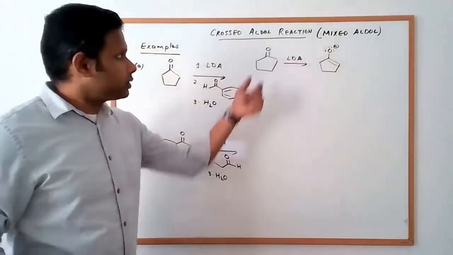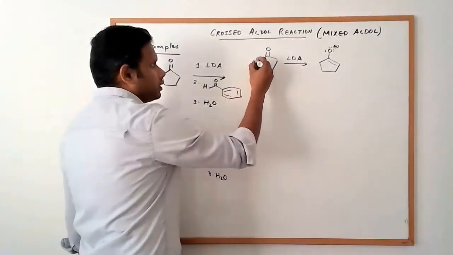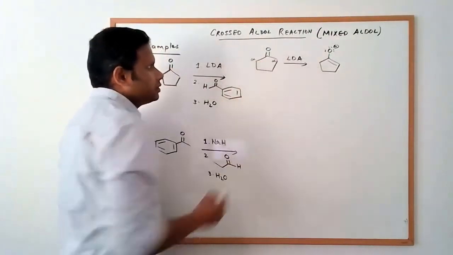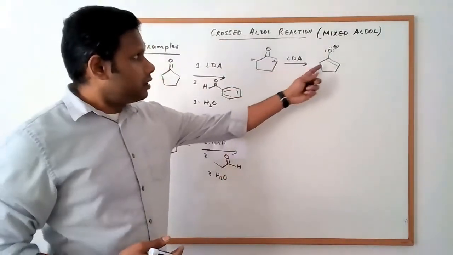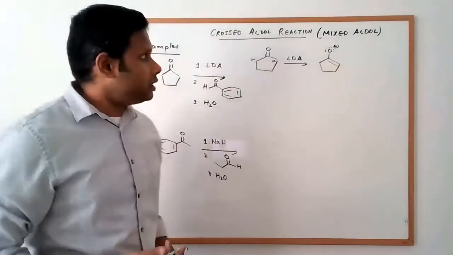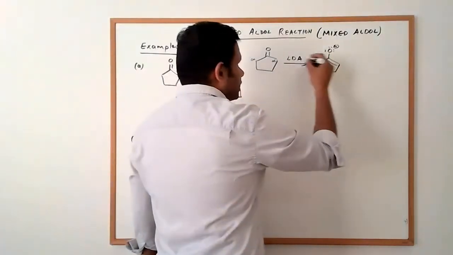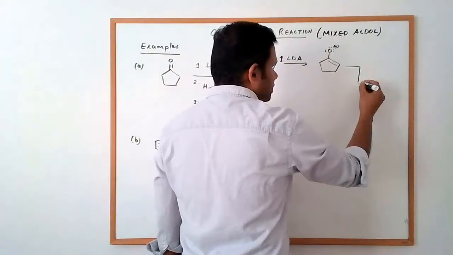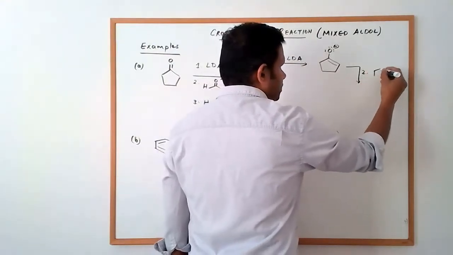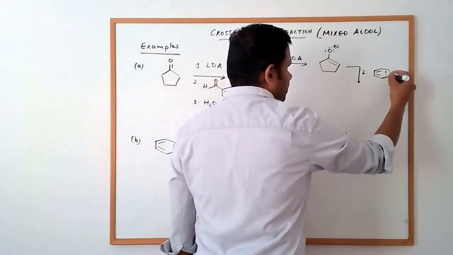Now notice for this cyclopentanone, there are two alpha carbons. Both of them are identical. We can convert either one into the enolate. And so that's the first step here. Then in the second step, we react this with benzaldehyde.